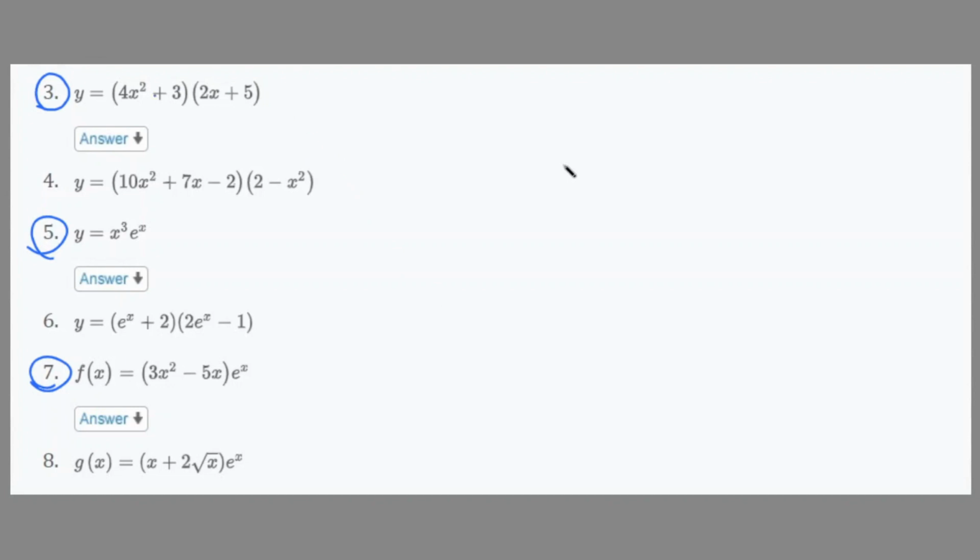So now let's look at number 3. Number 3 is just a simple polynomial function, so we could just set it up real quick. 4x squared plus 3, that would be f of x, times g prime, which is 2, and then we add it on to f prime, which is 8x, and multiply it by 2x plus 5.